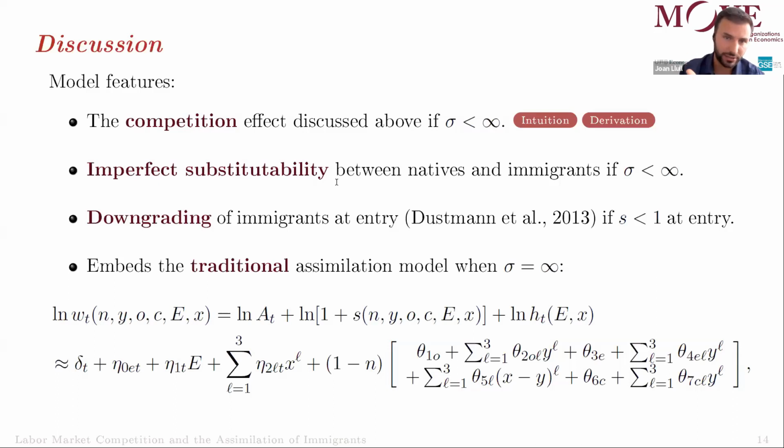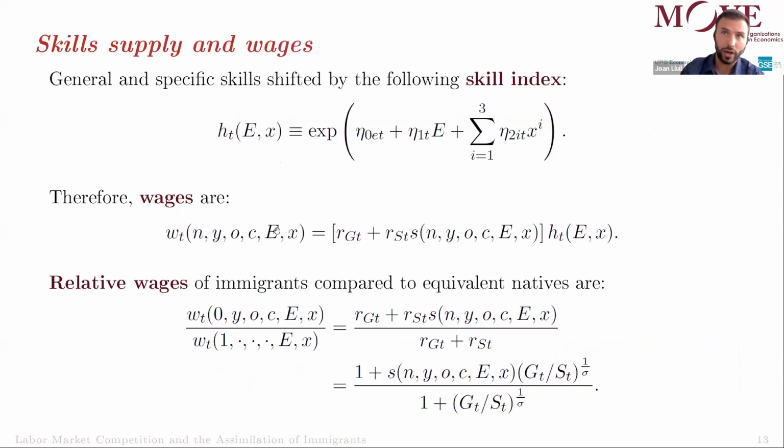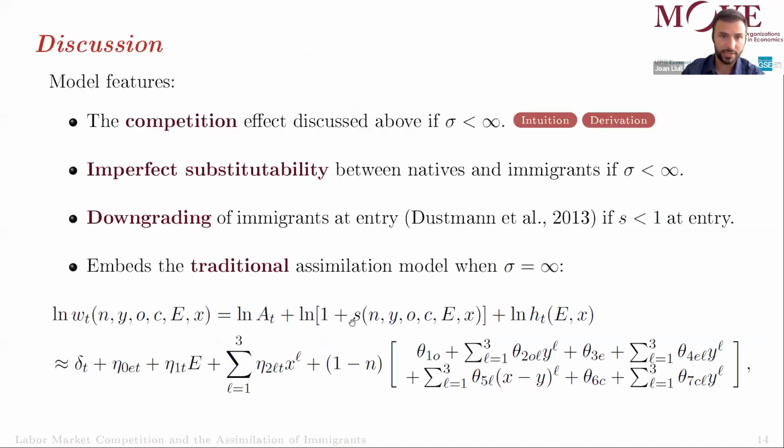And it also embeds as a special case the traditional assimilation regressions. This is the special case when sigma is equal to infinity. So when sigma is infinite, this wage equation over here, you can write it as this log linear regression here. That is what normally has been estimated, for example, in all the papers by George.